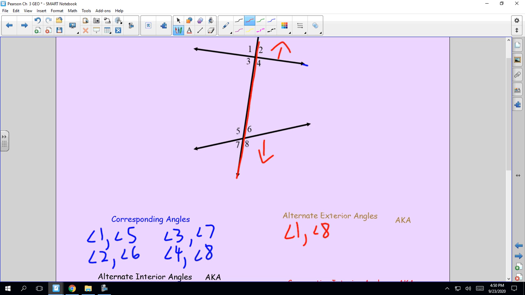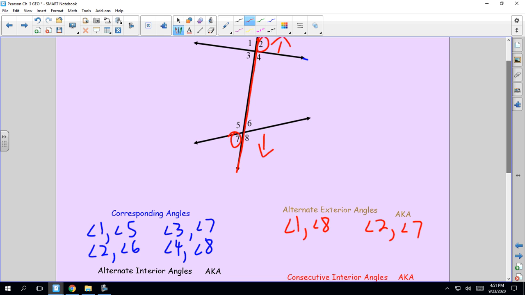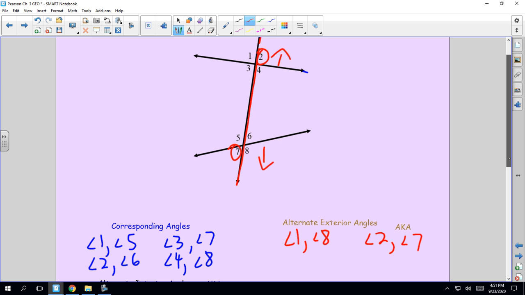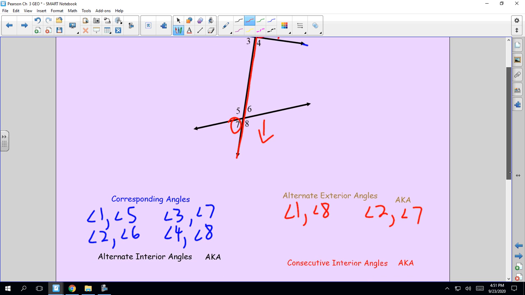Those are alternate exterior angles. Also, we have angles 2 and 7. They have an AKA here. They are as far away as they can be in these pictures, like 2 and 7, so we also call them the haters. That was a term a while back that was popular. So that's it. Alternate exterior angles, those are the two. Alternate sides of that red transversal, outside of the two lines that are cutting through there.